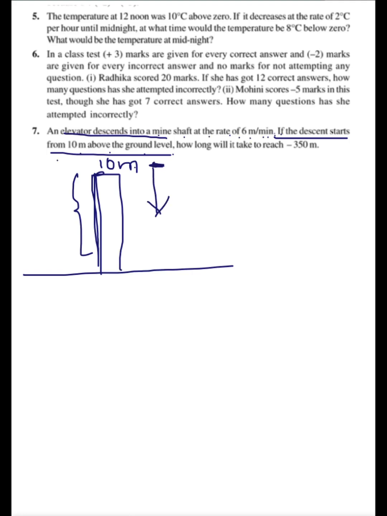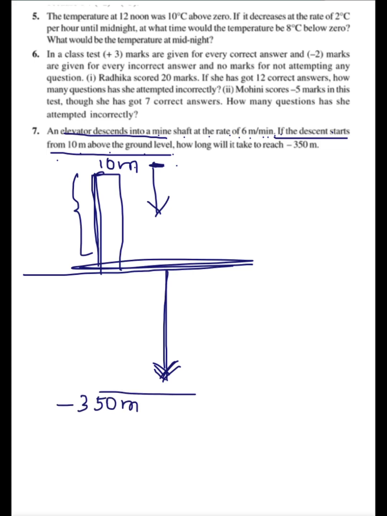How long will it take to reach -350 meter? That means it's going below the ground level. This is the ground level and the elevator is moving below it into the mine shaft, and it will reach -350 meter. It's starting from 10 meter.